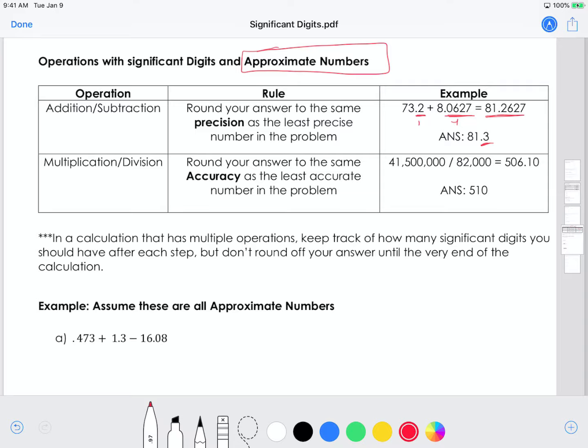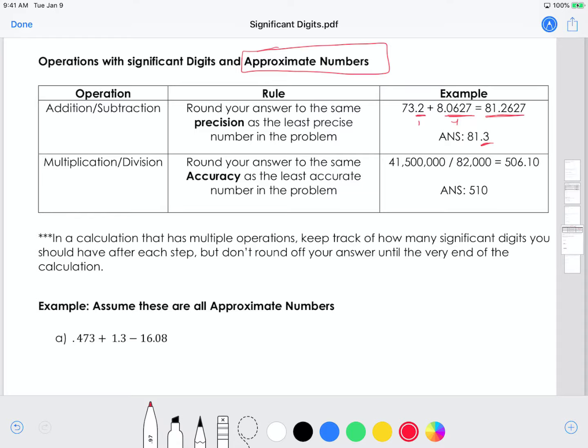Now, with multiplication and division, you want to use accuracy. Remember, accuracy relates to the number of significant digits. So when you look at a problem that has multiplication and division in it, you want to focus on the least accurate number, meaning the number that has the least number of significant digits.